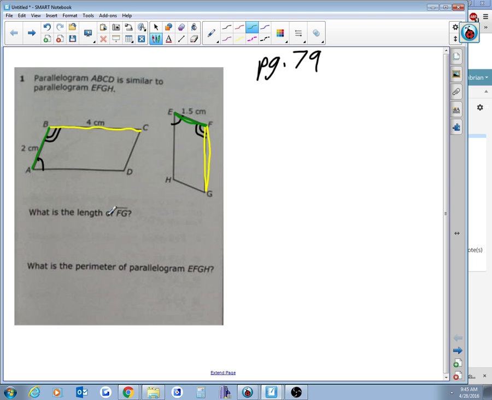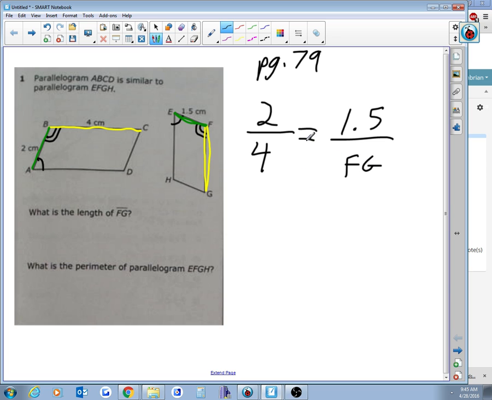So what is the length of FG? Okay, so there's 2 main ways we could set this up. We could say green over yellow for the larger one, so that would be 2 over 4. Green over yellow would equal green over yellow for the smaller one, 1.5 over FG.